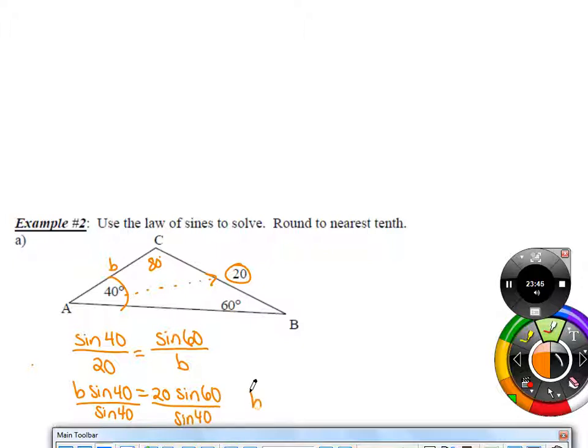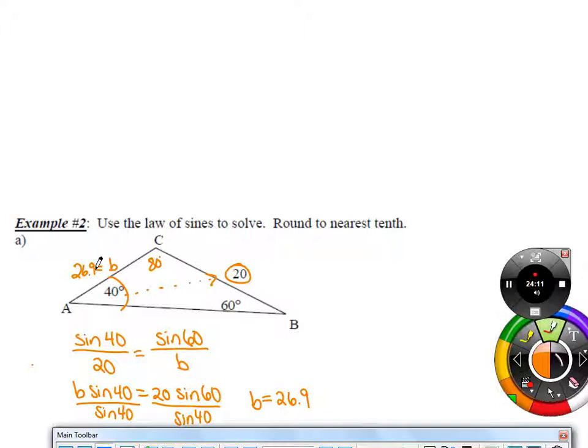And then I would figure out what B is by putting all that into my calculator. So I would do 20 times the sine of 60, get that answer, and divide it by the sine of 40. Okay? What do we get when we do that? 26.9? And just make sure it kind of makes sense. All right? These angles aren't extremely different, so 20 and 26.9 seem in the same realm.